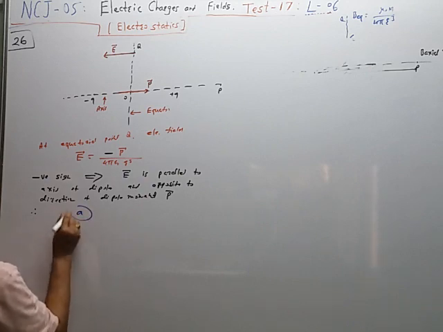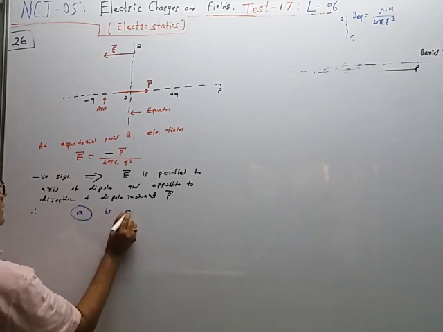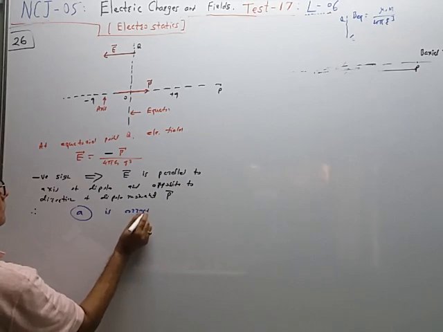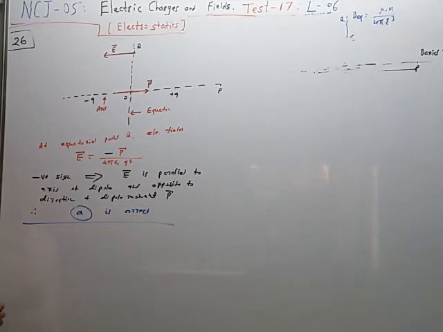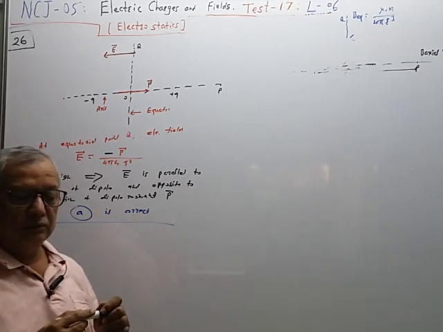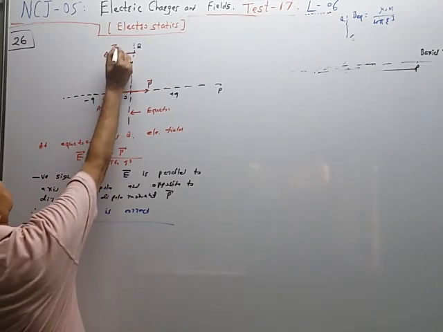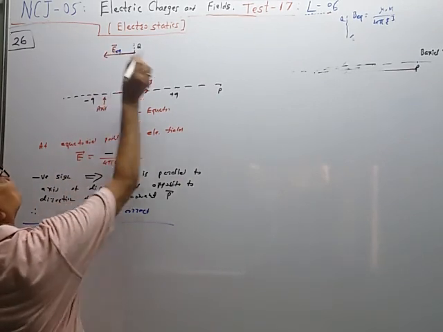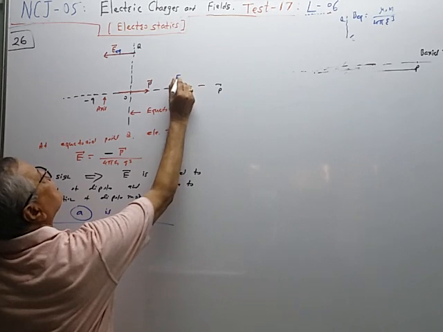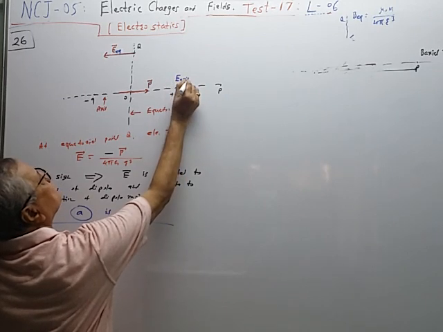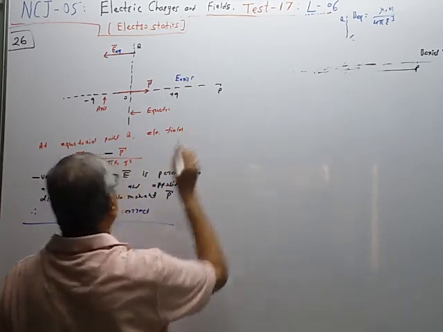Therefore, E is correct. This is E equator. Now, if we consider E axis, we already know the formula.